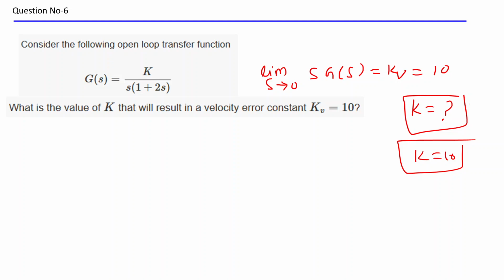Is it clear how to solve question number 6? See, there is nothing much in this part. In compensator design, they can ask you three things. You have to find the compensator gain, whether you are using a lead compensator or lag compensator, what the frequency of lag is, and so on.